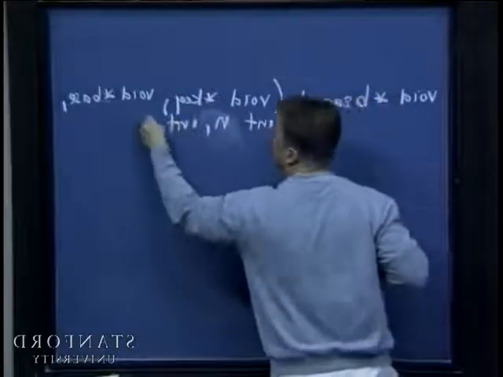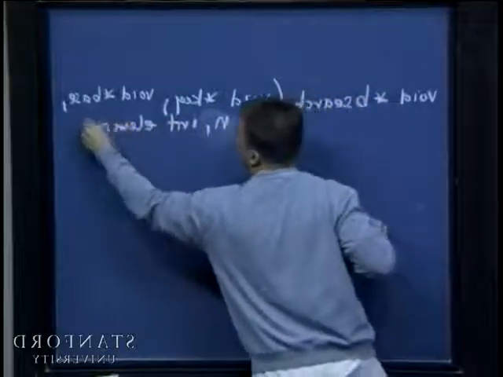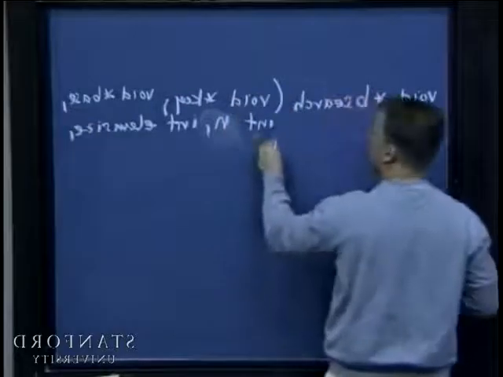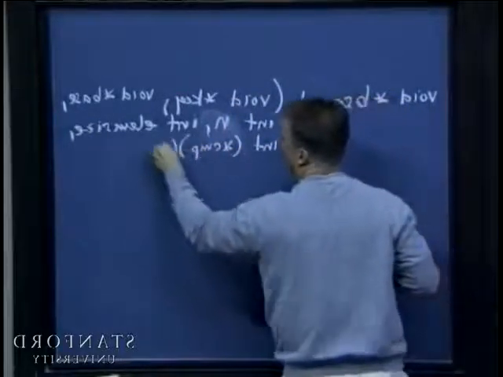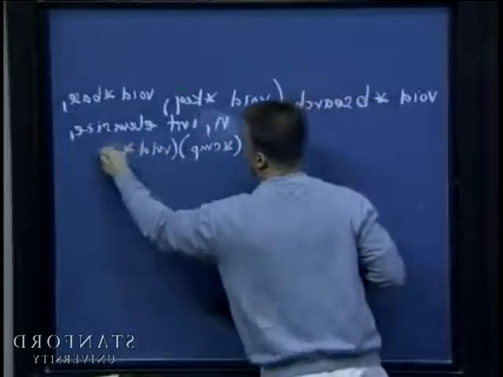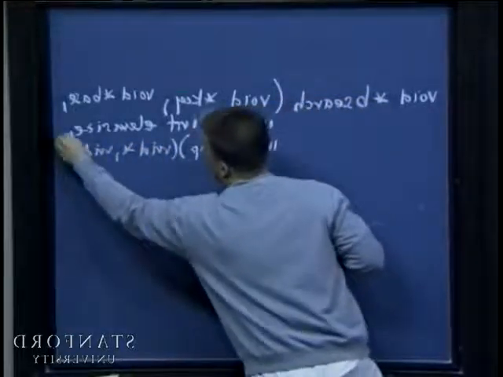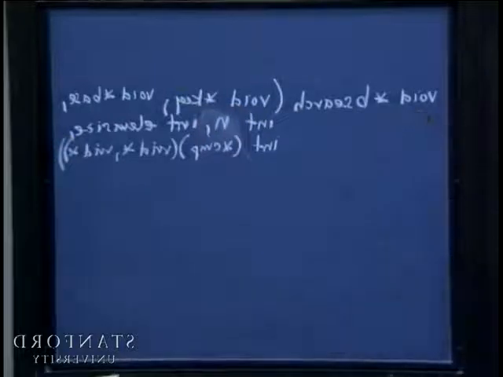Int elemSize. And then it takes a comparison function that takes 2 void stars. The algorithm, in many ways, the pointer mechanics are exactly the same as they are up there. The only part that's different is that it does this binary search to figure out what index to probe next. It assumes that the data is in sorted order.